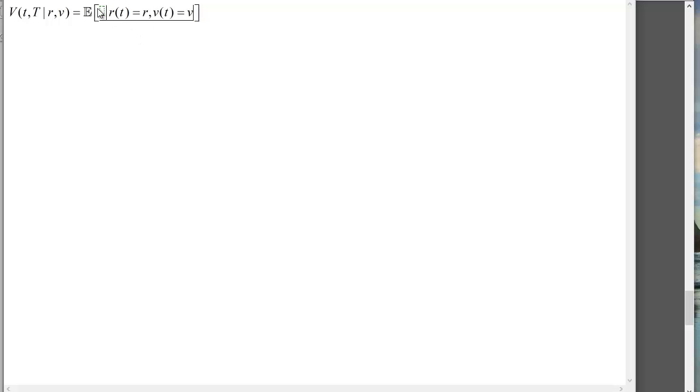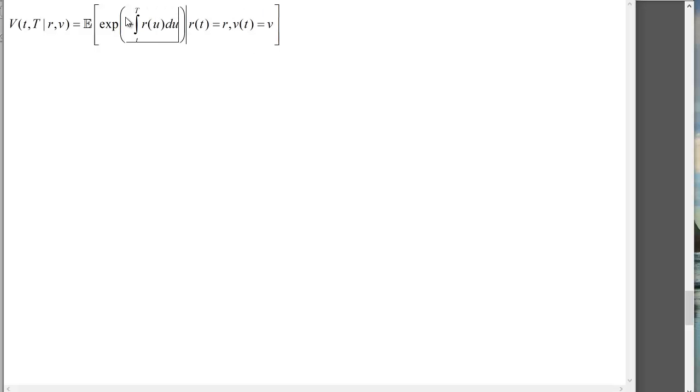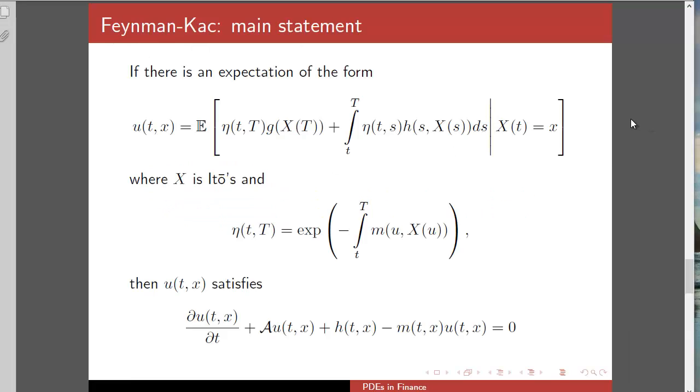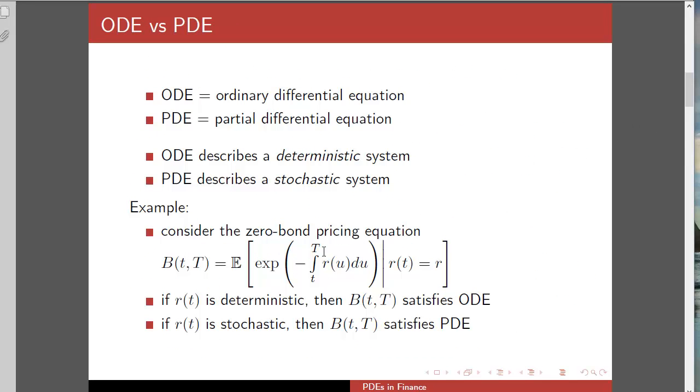In that case, you would just simply have the well-known expression that you saw at the very beginning of this presentation, and that's the expression for the zero bond.